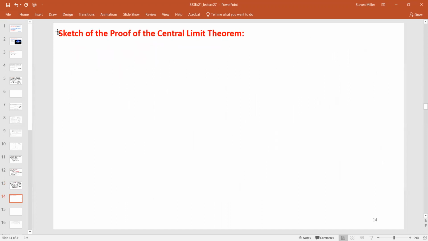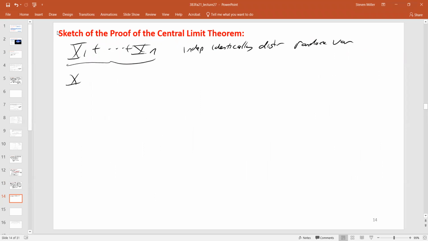All right, so now we want to prove the central limit theorem. So let's say we have x1 through xn, independent, identically distributed random variables. Let's let x be the sum.